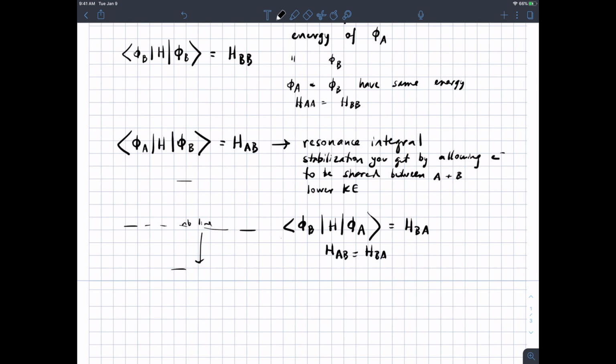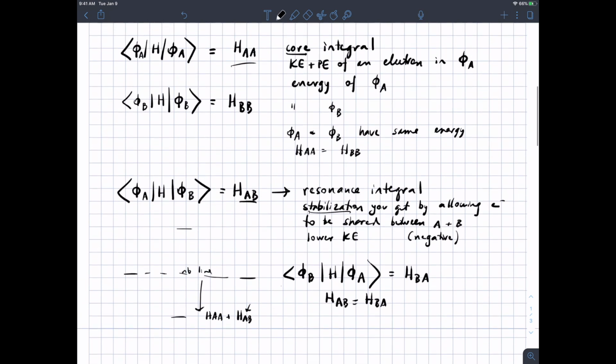That should especially make sense if the two atoms are identical. So to get the anti-bonding energy, you just add it instead of subtracting. Right. Although I guess I spoke wrong. I should point out that HAB is a stabilizing number, so it's negative in sign. So actually, the bonding orbital should be like HAA plus HAB because it's a negative number. Okay? But don't worry about that just yet.